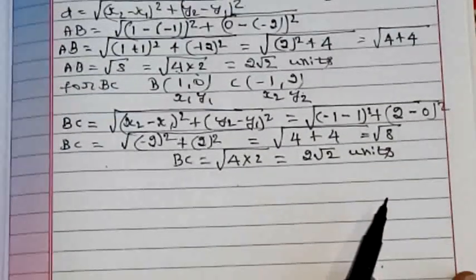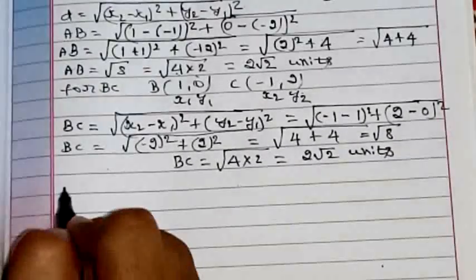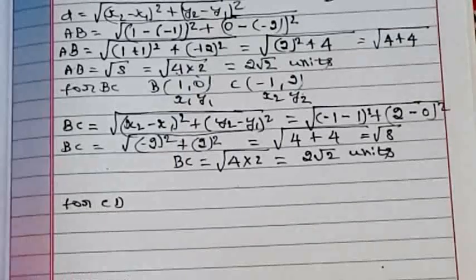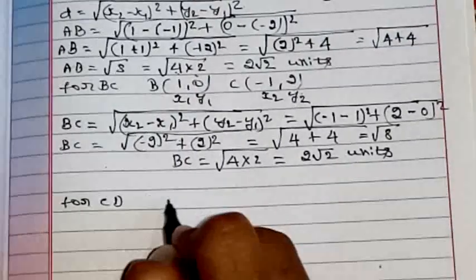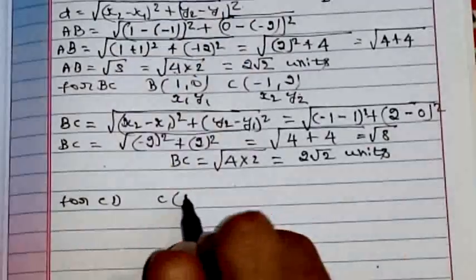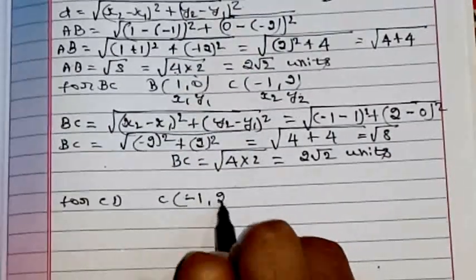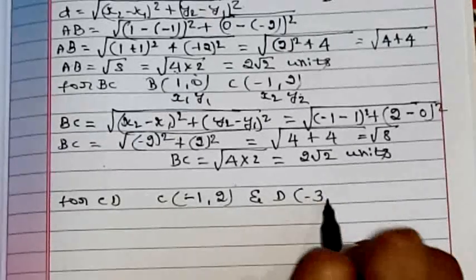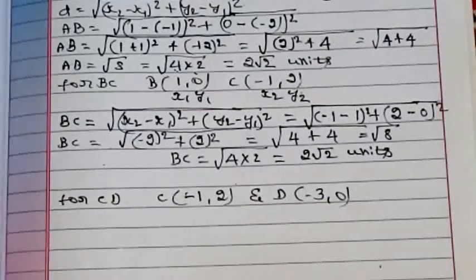Now, find the distance between C to D, CD. Right? So what are the coordinate points? C of minus 1 comma 2 and D of minus 3 comma 0 are the coordinate points.